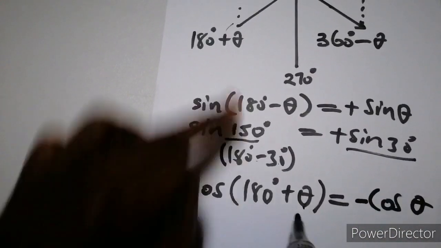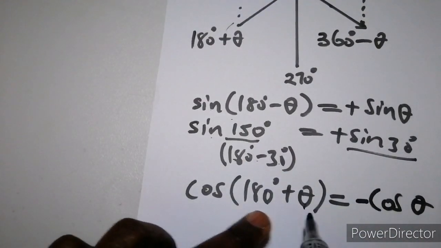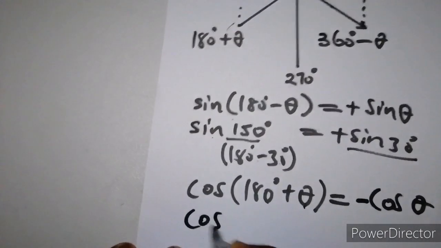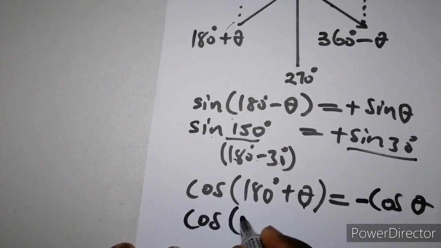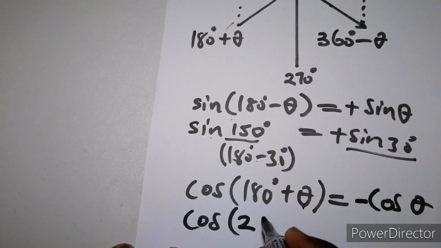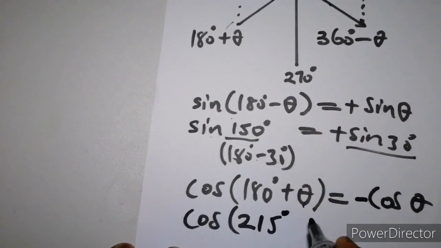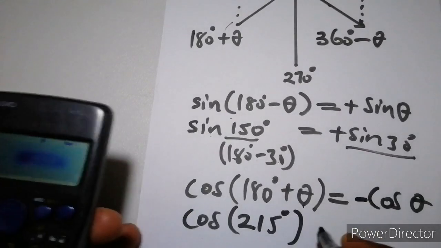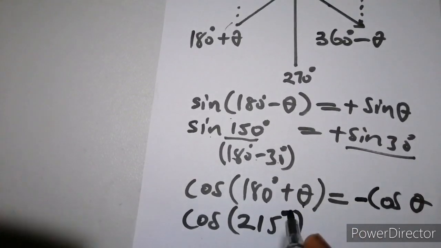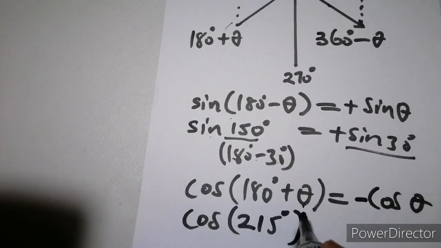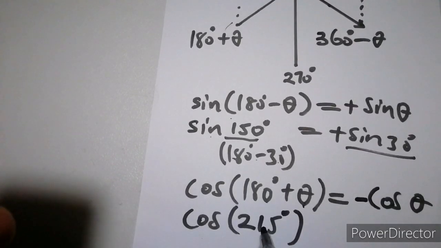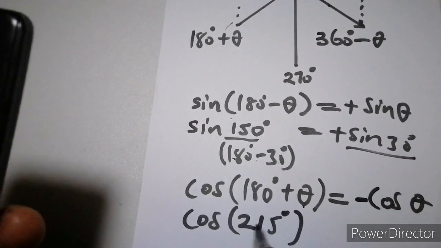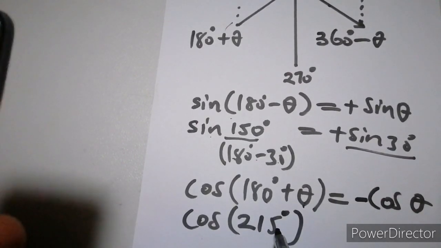I can make an example with the cos of 215 degrees. Let's say 215 degrees. Now we're going to use the knowledge of the reduction formula and check what is added to 180 to get this 215 degrees.